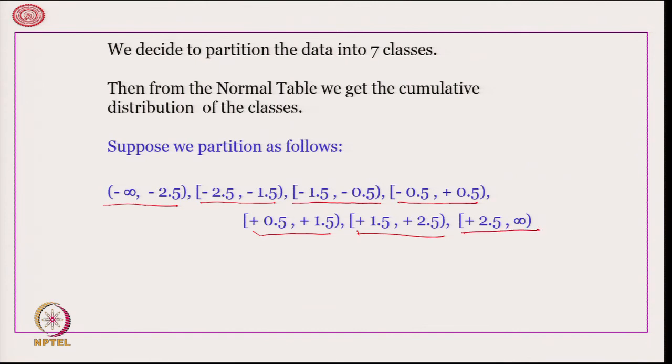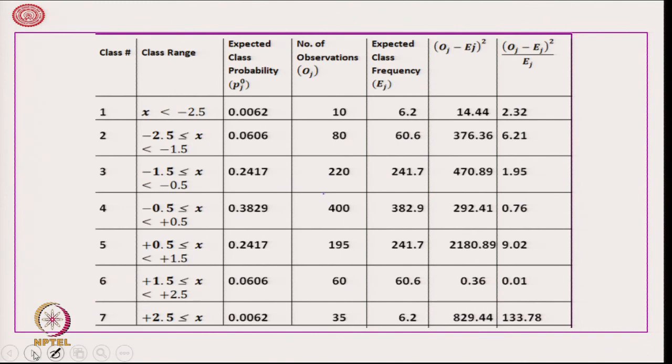Thus, there are 7 classes: x is less than minus 2.5, x is between minus 2.5 and minus 1.5, up to x is greater than plus 2.5.